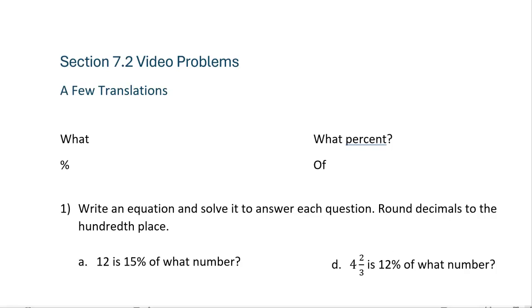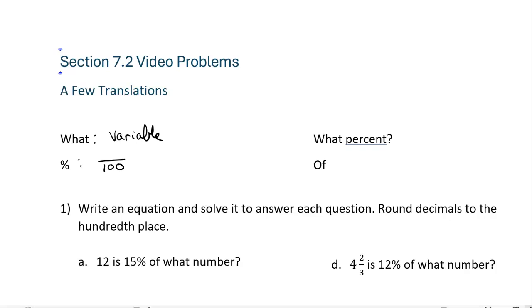Okay, so for a couple of translations, we have what. Well, in the English language, what always translates to a variable, and the variable can be anything. It could be X, it could be Y. Percent is always something over 100. What percent?